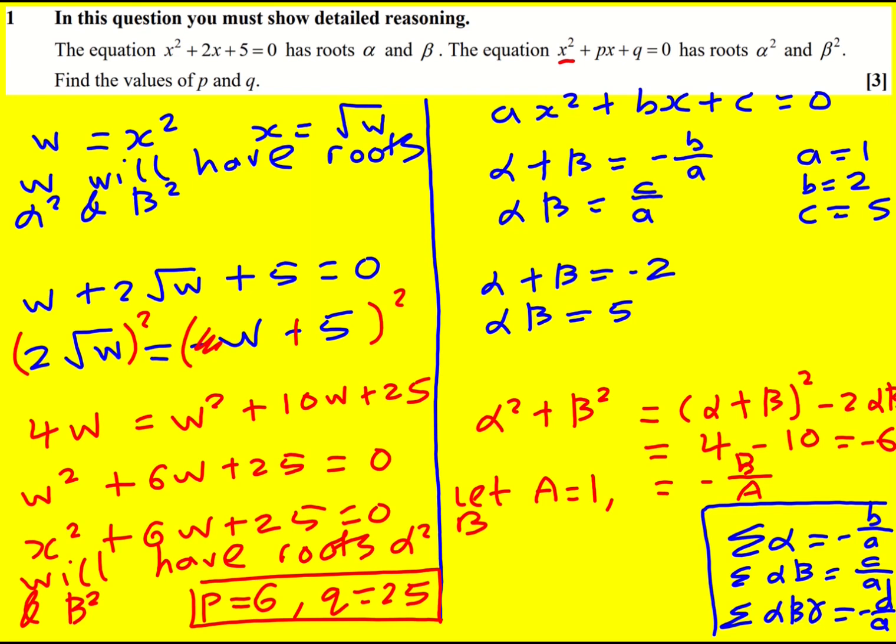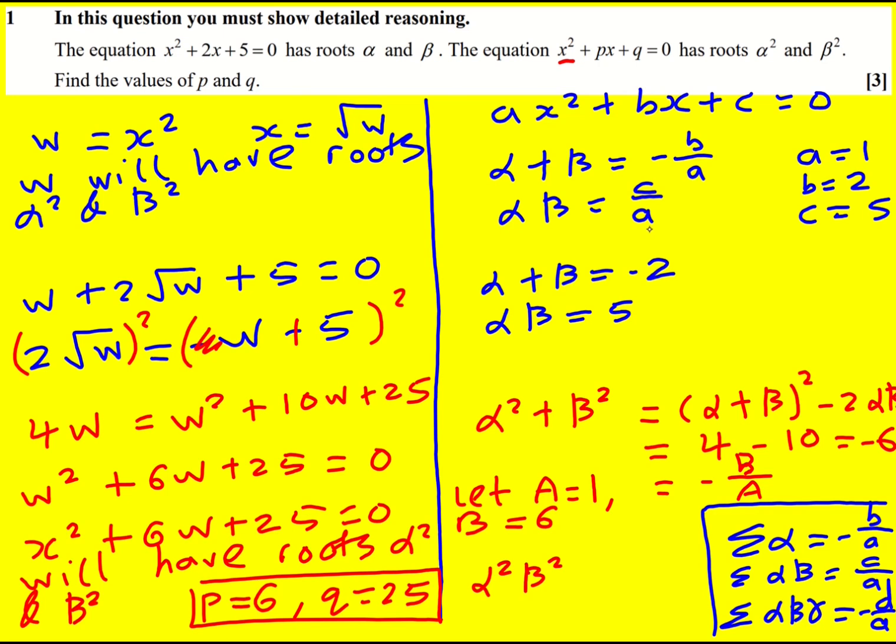Although, to be fair, sometimes if you get an awkward fraction, then you wouldn't, but here it's minus 6, so we're okay. And then that means that B is going to equal 6, because then I'll get minus B over A is equal to minus 6 as required. So I found out two of them, and now it's just the other one.